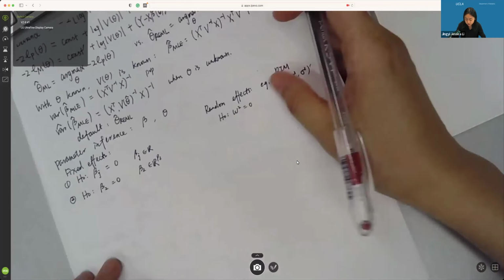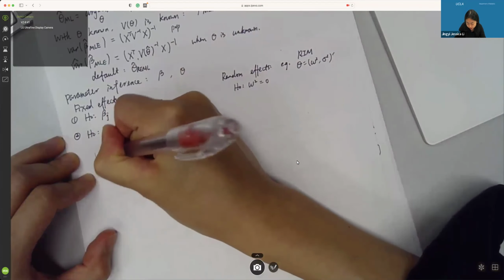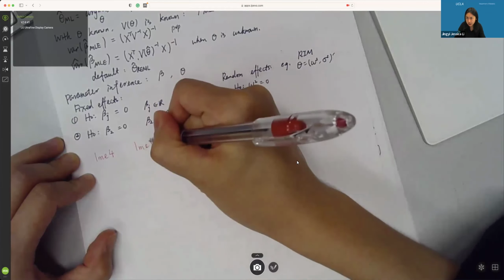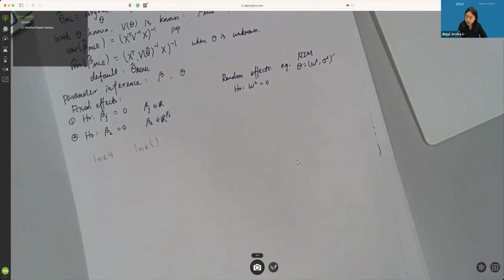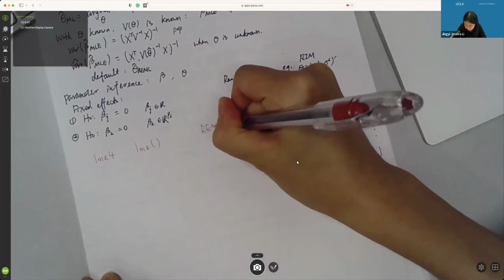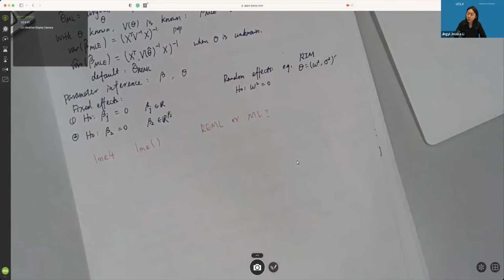So if you go to the R package for linear mixed models, the lme4 package, there's a function called lme function, and you should be able to specify REML or ML for theta estimation for the variance component. And when do you want to use each? The question is, what do you want?